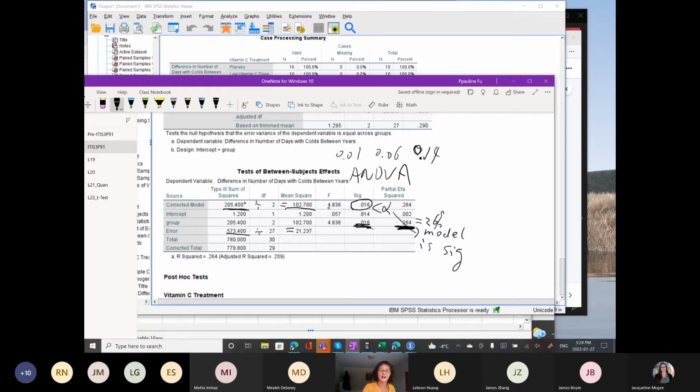And how do you get this F value? You use the mean square for the group, 102.7, divided by 21, the mean square for the error, and you get the test statistic. So those, especially this one, are important equations in this table.